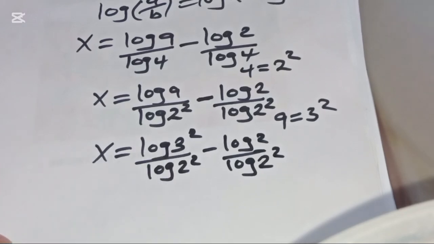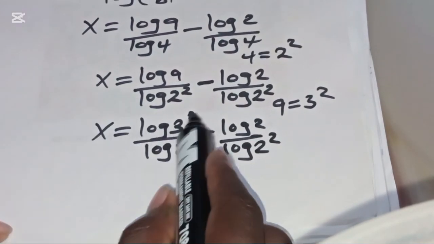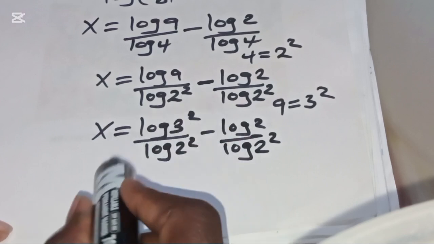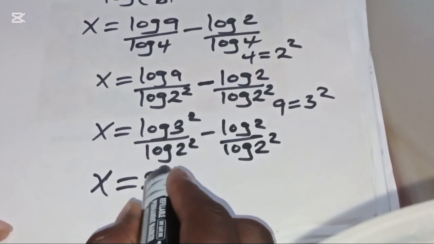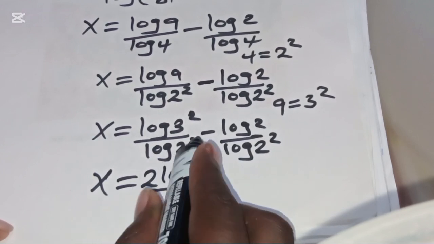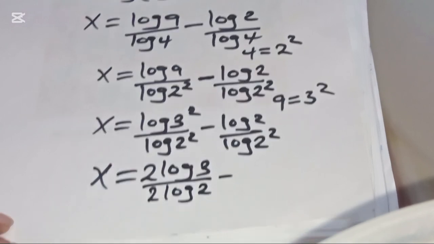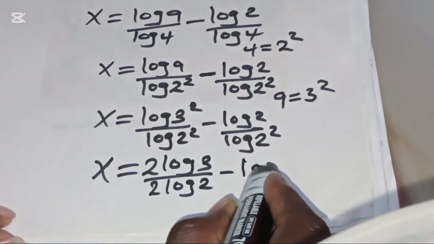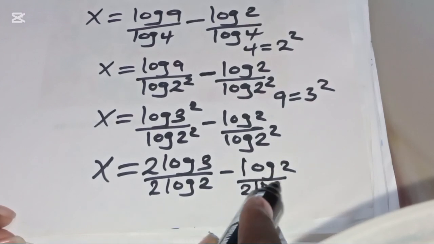Now from what we have here, we can proceed further. Applying the power rule, log 3 to power 2 becomes 2 log 3, divided by log 2 to power 2, which is the same thing as 2 log 2. Subtract log 2 divided by log 2 to power 2, which becomes 2 log 2.